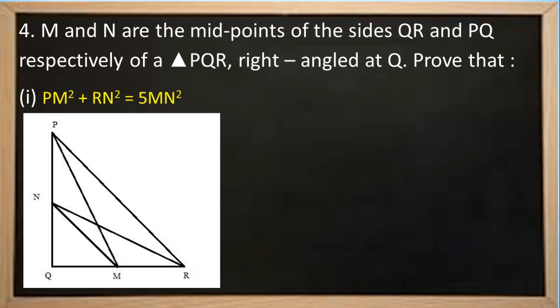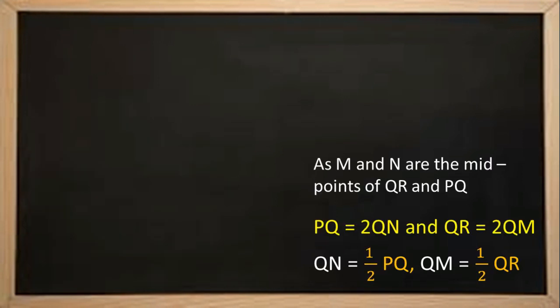We need to have a right angle triangle PQR where it is right angled at Q, and M and N are the midpoints of the sides QR and PQ respectively. At the point Q, it is a right angle. So, in the given diagram, we can find many right angle triangles. Let us try to identify which are all those. Observe this, children.